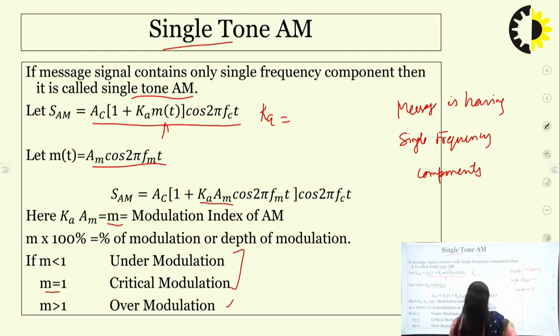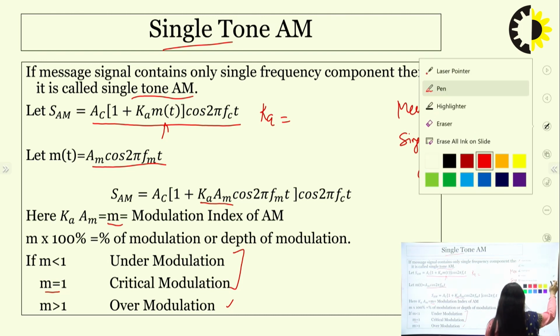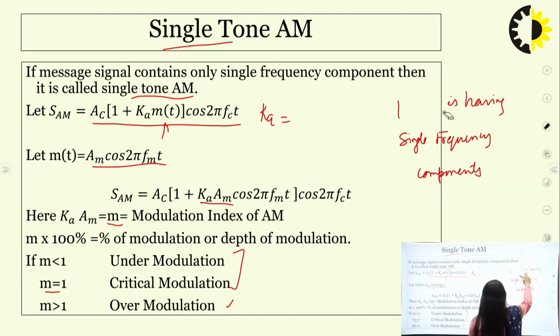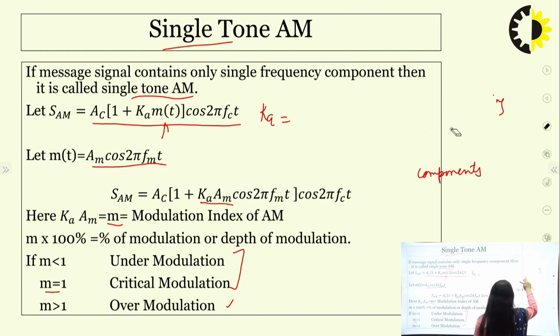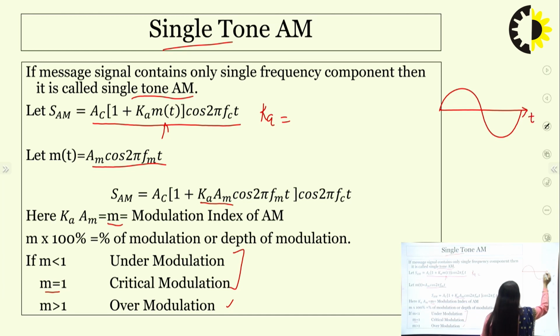See here, I will draw what the modulation is, what AM is. If I have one message signal, this is time t and this is the amplitude AM. I am using a carrier signal.